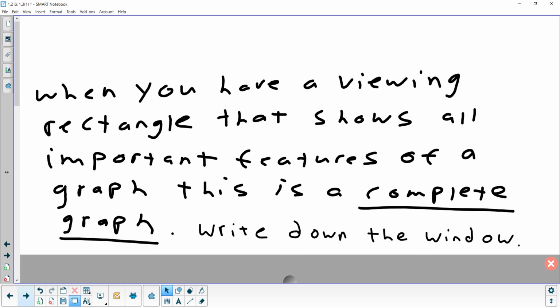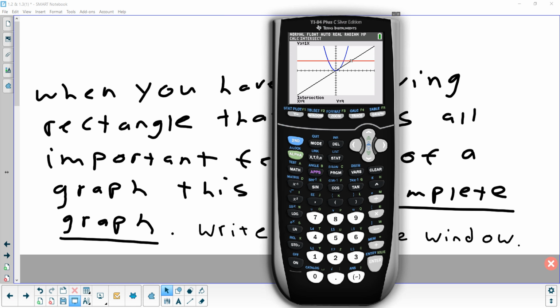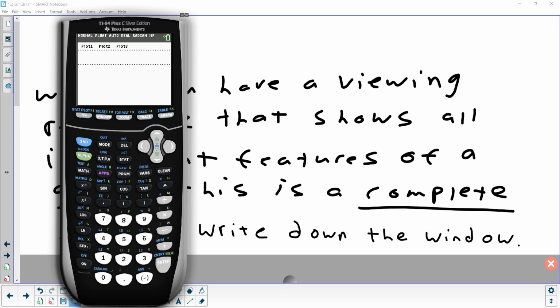So when the directions in the book say, find a complete graph, or find a complete window, what they're asking for is a window that shows everything that's important. So for this, let me put in the last problem that we had. 0.2x plus 15 and 50.